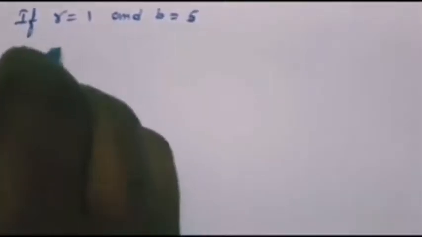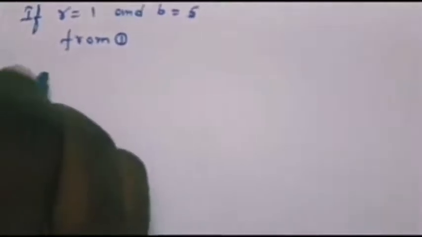Now if r equals 1 and b equals 5, from equation number 1, a equals 5q plus 1.